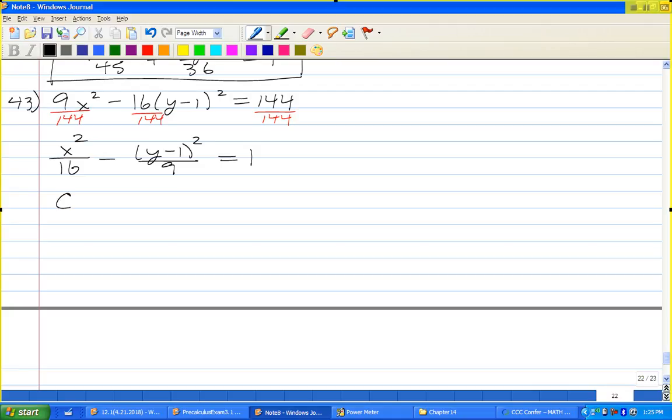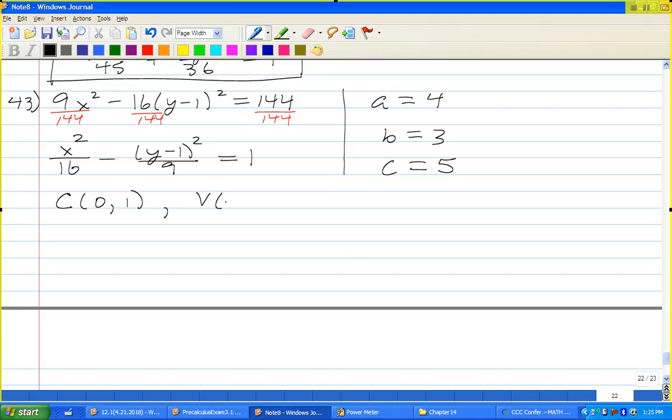So the center is at 0, 1. a is equal to 4. b is equal to 3. c squared is 16 plus 9, which is 25. The square root of 25 is 5.